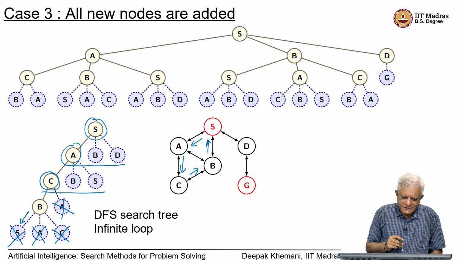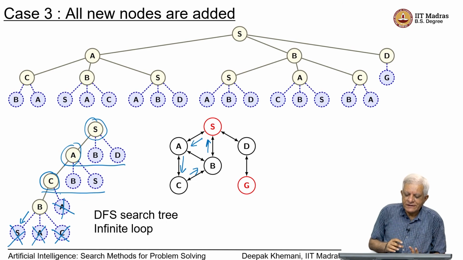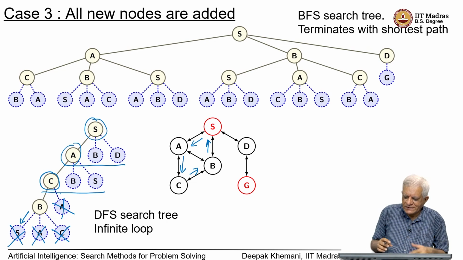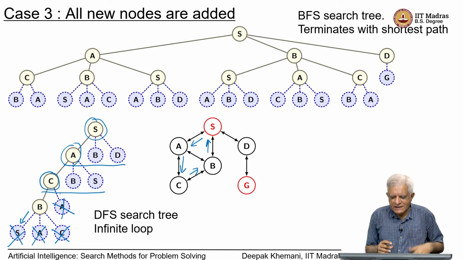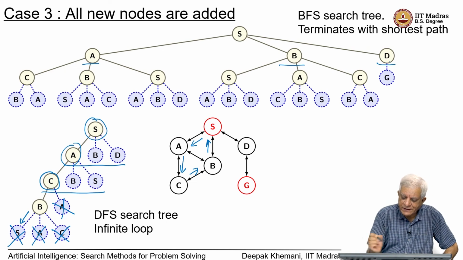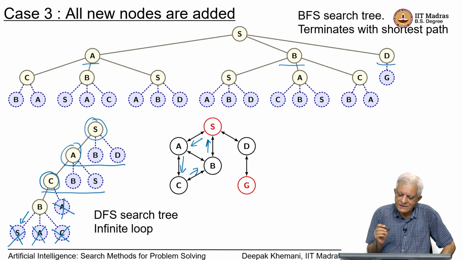What about breadth first search? Breadth first search, as you can see, grows breadth wise. We said it grows level by level and things like that. So, breadth first search also generates its 3 children A, B and D, and it inspects them in that particular order. It first inspects A, then B, and then D. This is also not constrained, it is allowed to add all neighbors to open list.